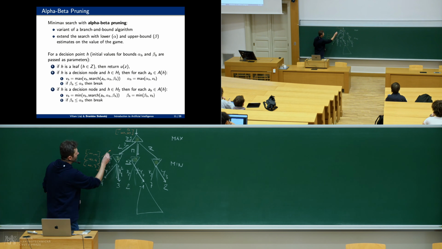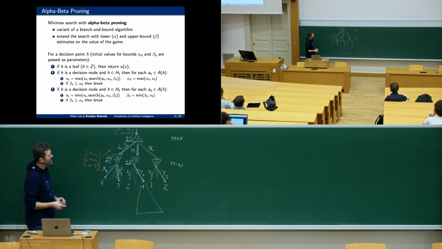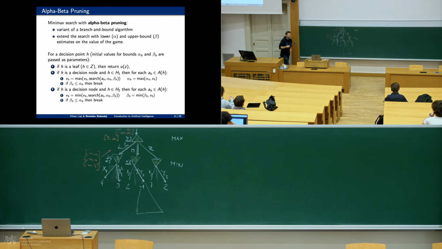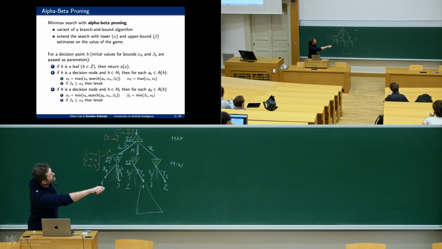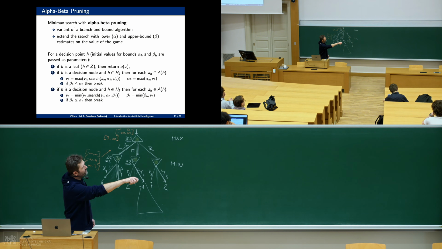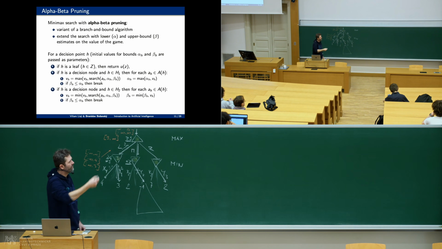But when I propagated the value up and I'm in the maximizing player node, I'm modifying the lower bound, alpha, because I have found a solution with value 3, and I can be only better, right? So I have alpha equals to 3, and this is basically this part, right? So I search in a recursive way, and I update the lower bound as a maximum of my current lower bound and the value that I have computed.